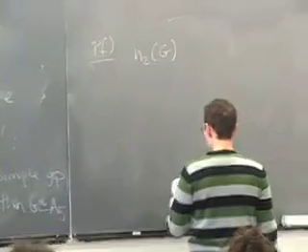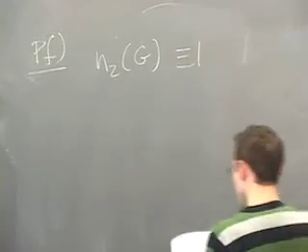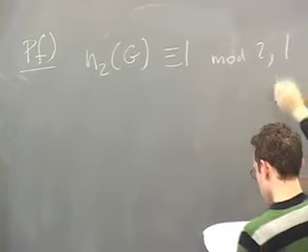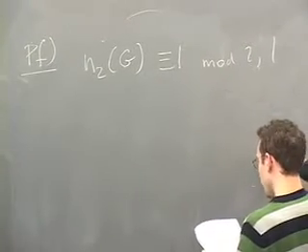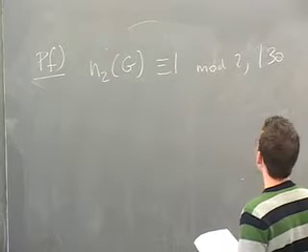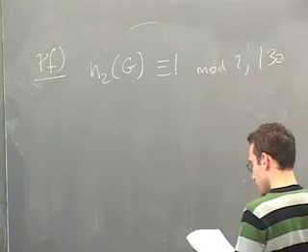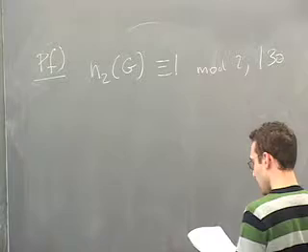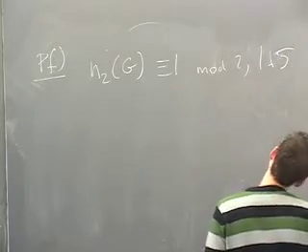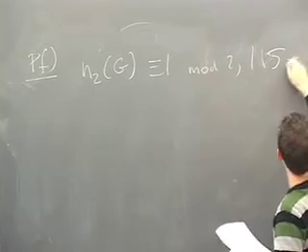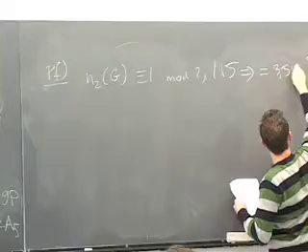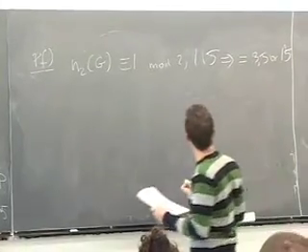The first one is that n2 of G is congruent to 1 mod 2 and divides 15, because 2 divides 30. So this thing must be equal to either 3, 5, or 15.